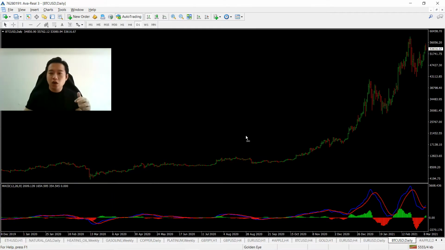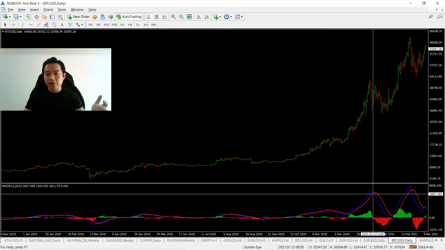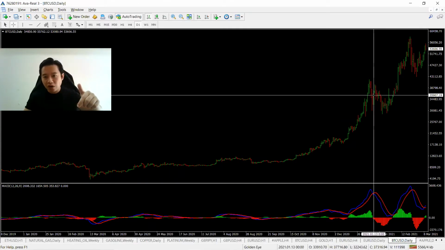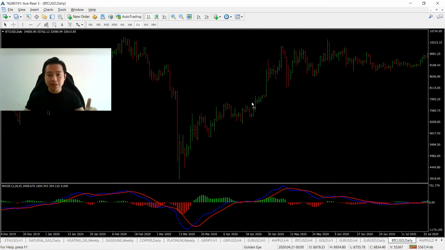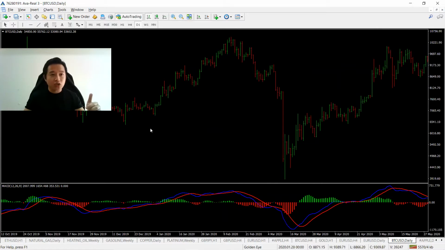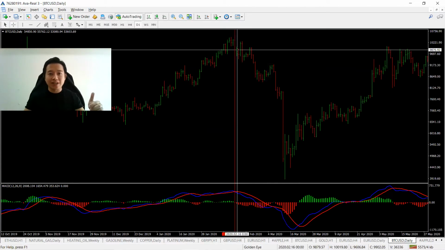So in this test, we tested the crossover on the daily time frame. Whenever there's a crossover, in this scenario between the blue line and the red line, the moment it crosses with a bearish bar, we go for the sell. Let me zoom in slightly bigger. The moment it crosses over and closes, we go for the sell.